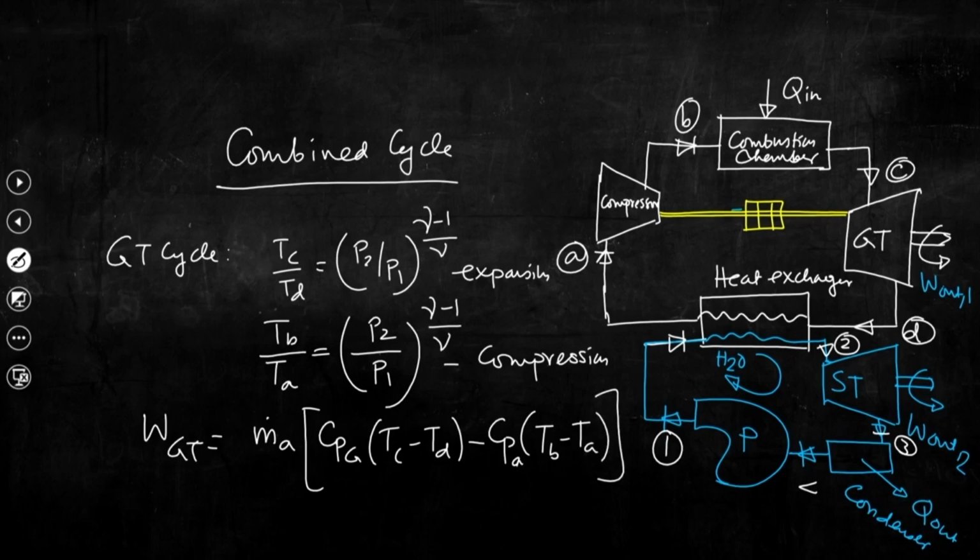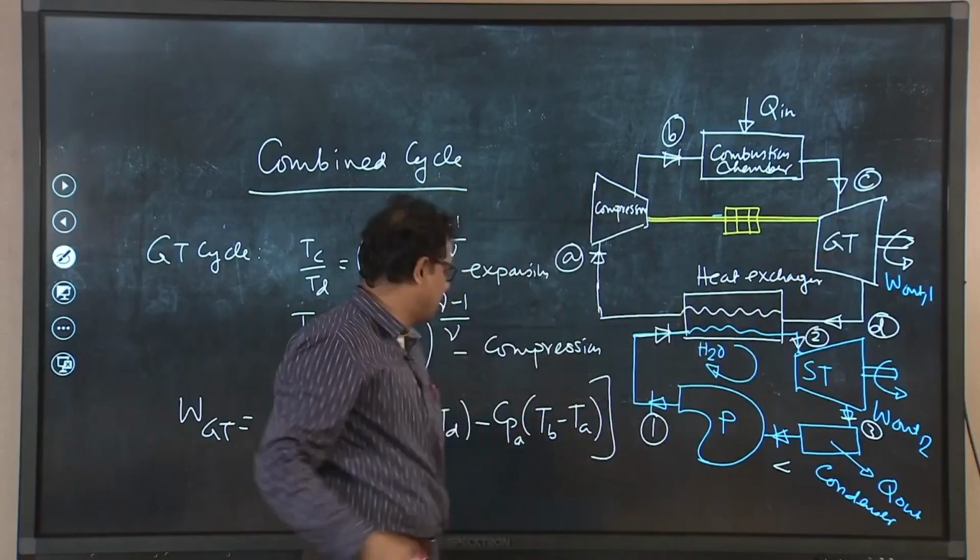What we are assuming is, as I said, that gamma may not be equal, and Cpg and Cpa are not equal because those are different. We are assuming the mass flow rate of air only, because essentially when we get the work output we need to consider the mass flow rate of fuel as well.